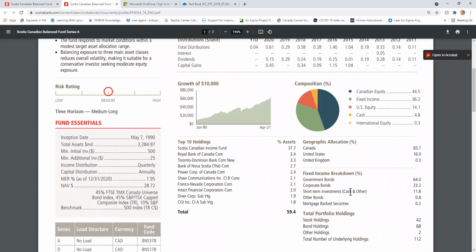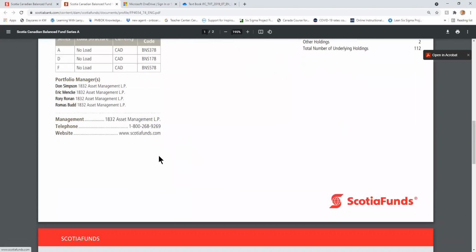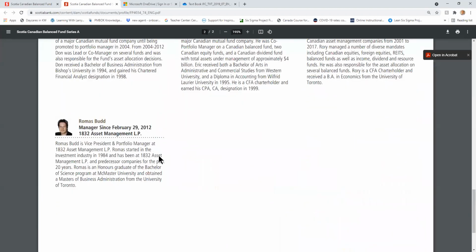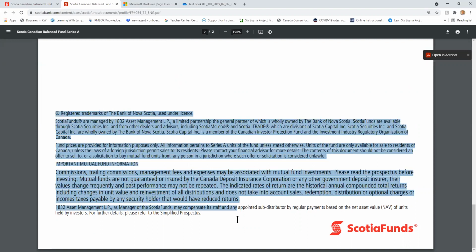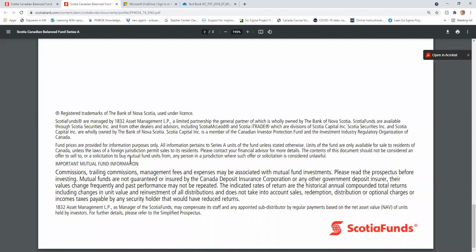So this is the investment, and these are again the portfolio managers. In each of them, here is the disclaimer. You cannot give any of your own marketing material. You must give the marketing material with this printed information on it. This is very important mutual fund information. It says there may be commissions, trailing fees, management fees, and expenses. Please read the prospectus. They're not guaranteed by CDIC, the Canadian Deposit Insurance Corporation.